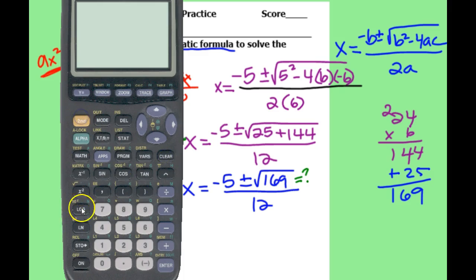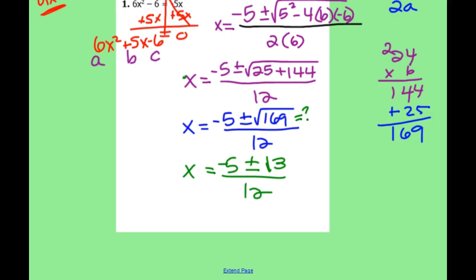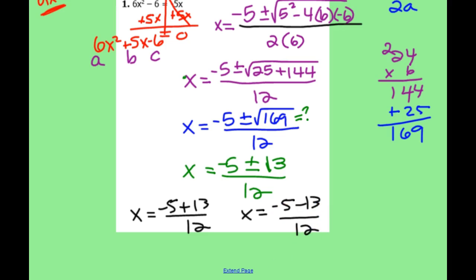So we're going to type in the square root of 169, and we get 13. So we really have negative 5 plus or minus 13 over 12. So we have our two answers, one with a positive and one with a negative. Negative 5 plus 13 over 12, and negative 5 minus 13 over 12.